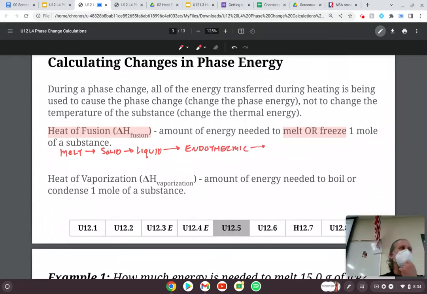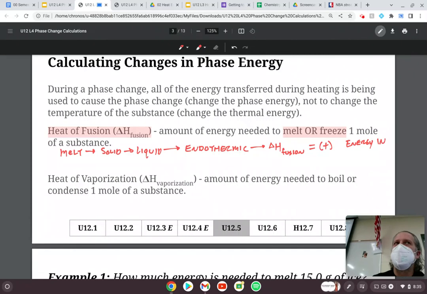Now, the next important part is that the heat of fusion, delta H fusion, will have a positive numerical value. And again, remember, this is energy added. I'll just say energy in.